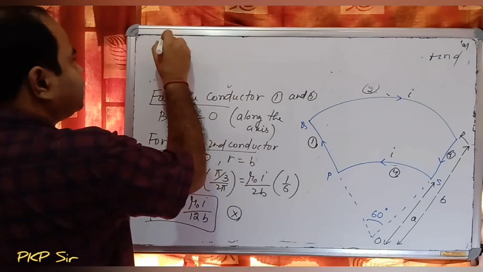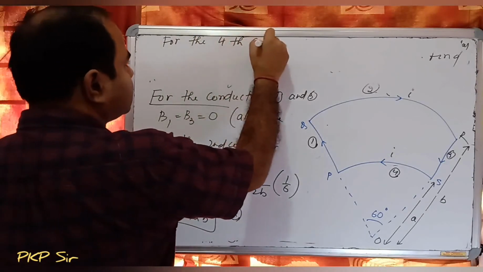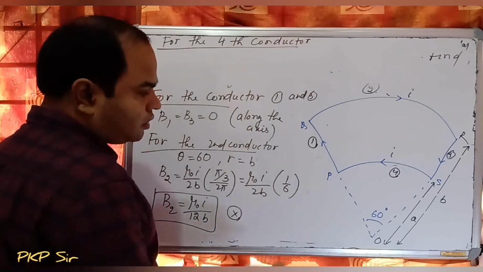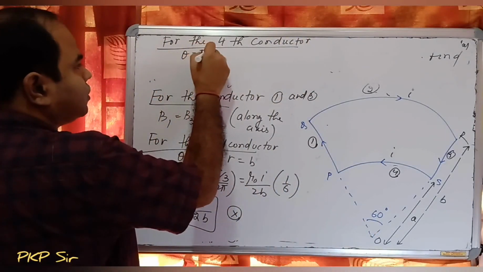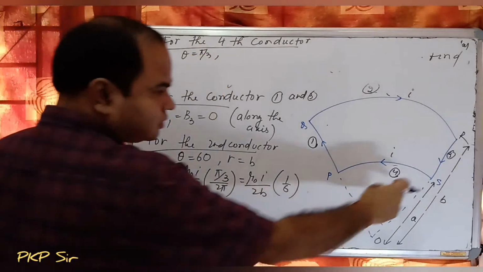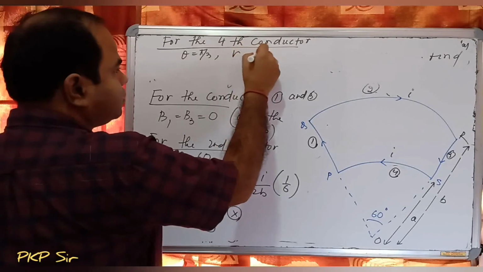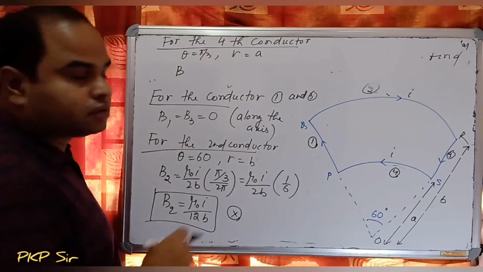For the fourth conductor, theta is 60 degrees. This radius is a, so r is equal to a. Let the magnetic field due to the fourth conductor be B4.